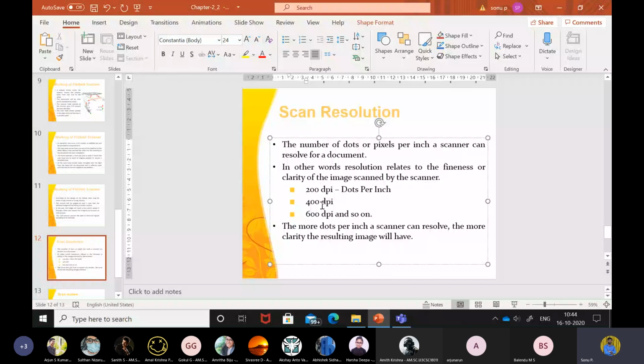So 200 into 24 for one square inch. And what is the size of your object? It can be 12 inches or 10 inches. So that object will have a very high, heavy size. That's why we use a lot of image compression and document compression techniques in order to reduce the size of the object and manage it easily.